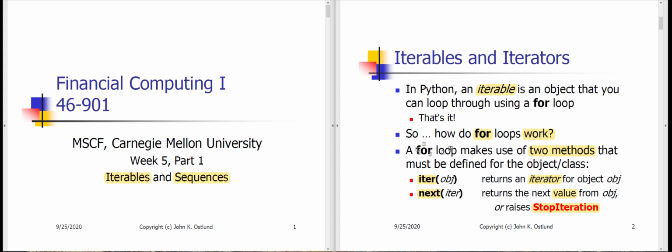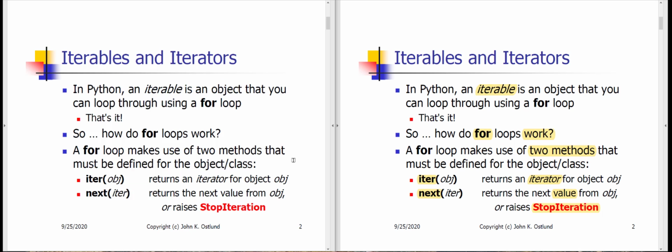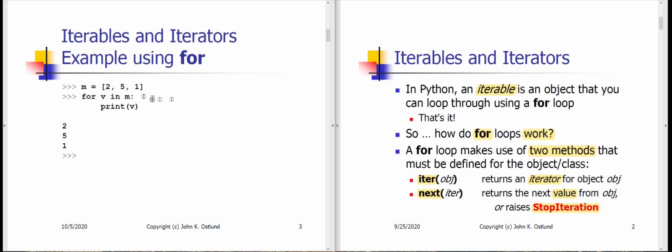Now, we don't see that happen when we use a for loop, because the internal mechanisms of the for loop capture that StopIteration exception and know internally that, okay, that means there aren't any more values to obtain. So here we have a trivial example. M is a list of 3 items.